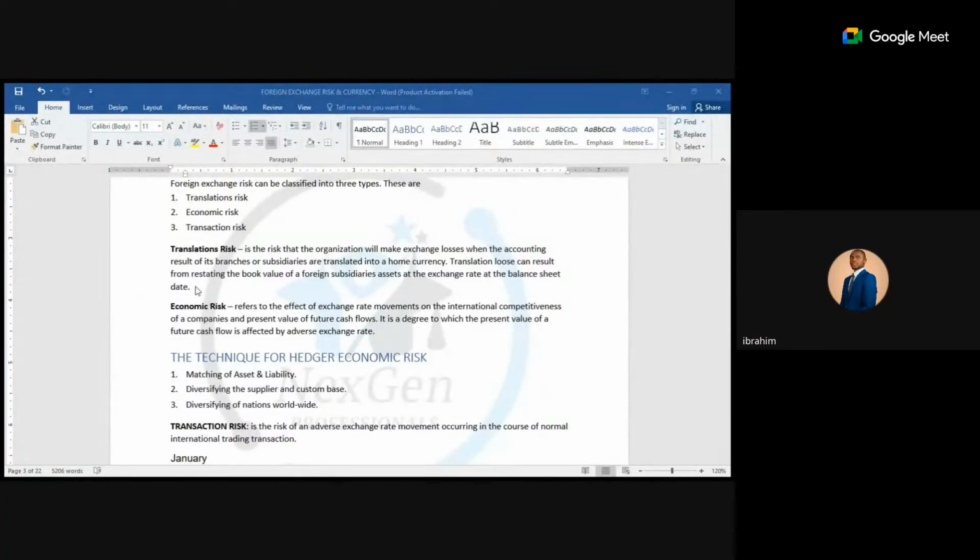So now, economic risk. The question now is, what is economic risk? Economic risk refers to the effects of exchange rate movements on the international competitiveness of a company and the present value of future cash flows.